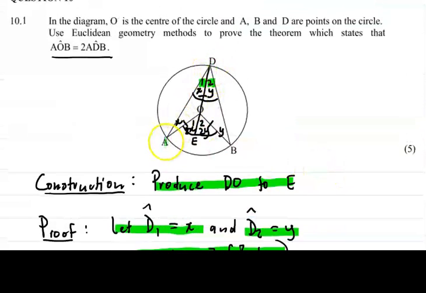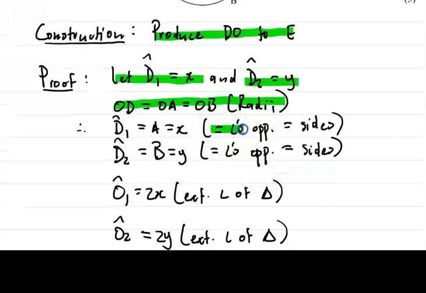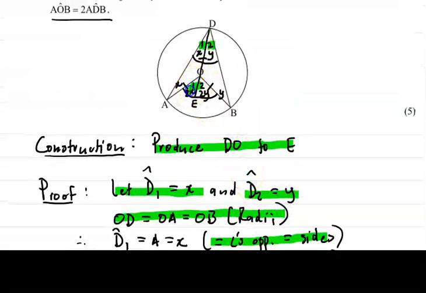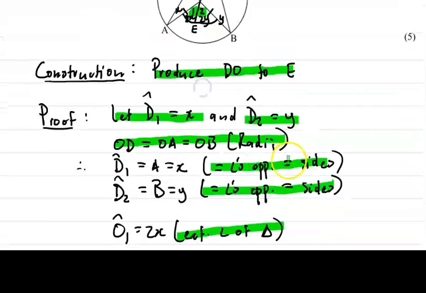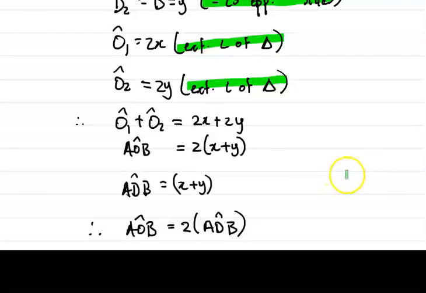Remember that these letters A, D, and B may change in the examination, so it's important for you to remember your reasons. We're also going to be using equal angles opposite equal sides, and the exterior angle of a triangle equals the sum of the interior opposite angles. And therefore we are now able to do our proof.